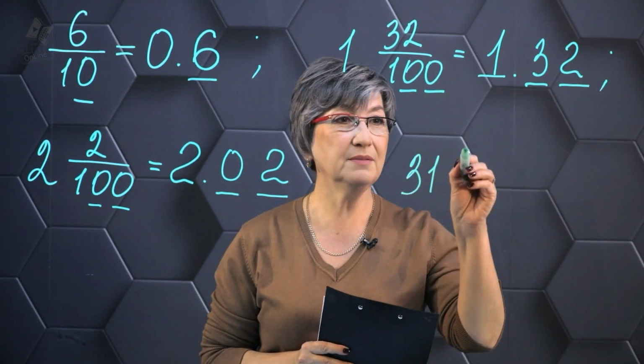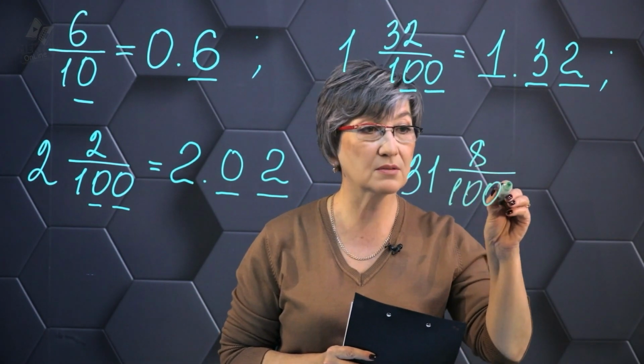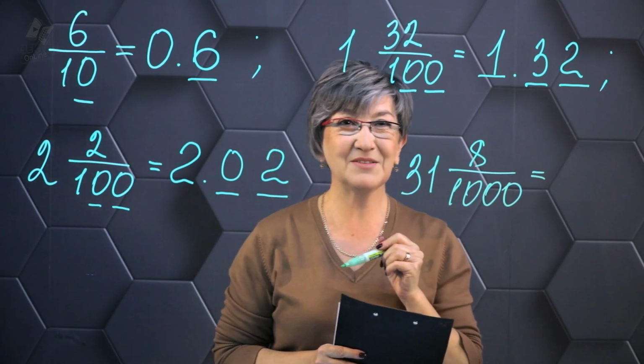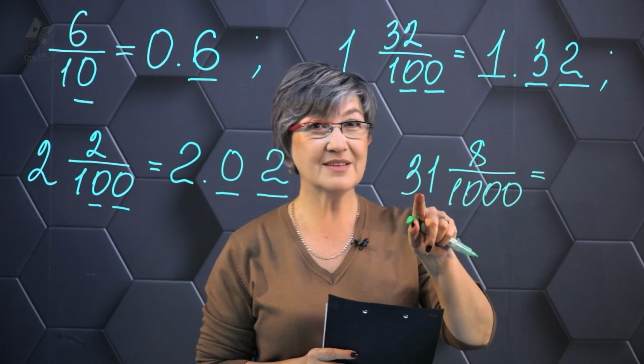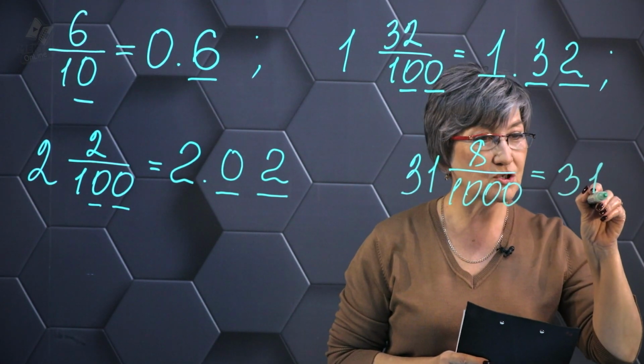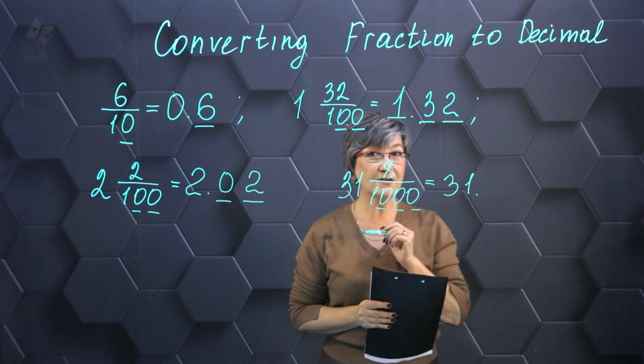Another example. 31 whole 8 thousandths. And again, let's try to write it down as a decimal number. So, 31 whole. Let's put a dot. And now we count the number of zeros in the denominator.